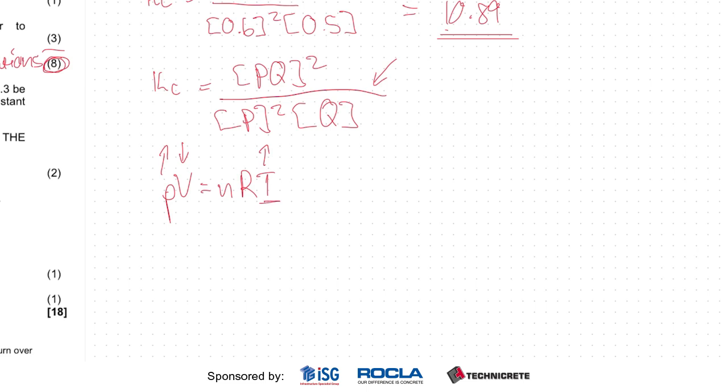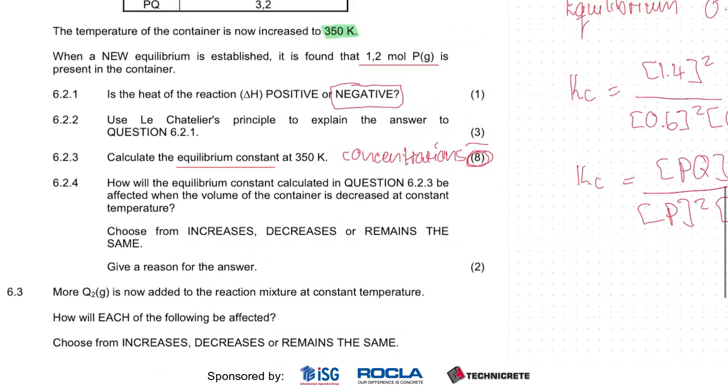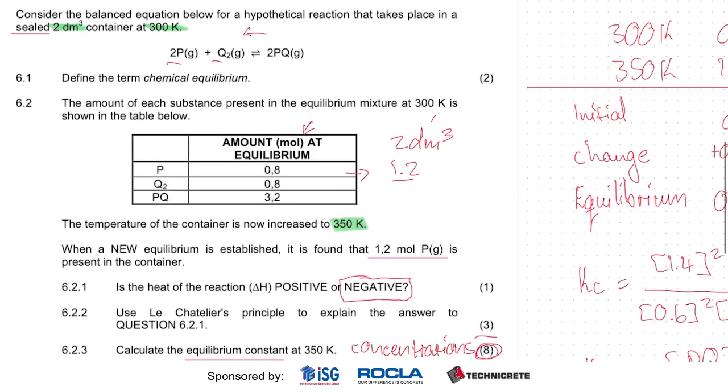But anyways, they're telling us temperature stays the same. So the only thing that we have to worry about is an increase in pressure, yeah? Okay, so pressure increases. So what does that mean? If pressure increases, the equilibrium will shift to favor a decrease in pressure, which means fewer molecules of gas.